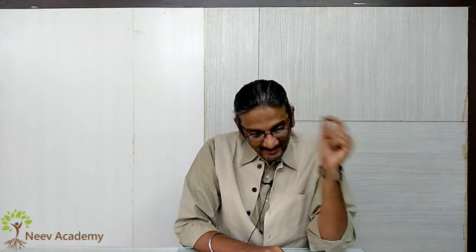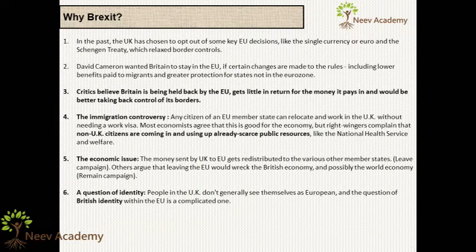The economic implication is the welfare that the British government has to provide for its people, right? According to Britain, these immigrants take up a lot of the resources which are originally for the welfare of British citizens, like the National Health Service. This is the first issue. Second is the economic issue.